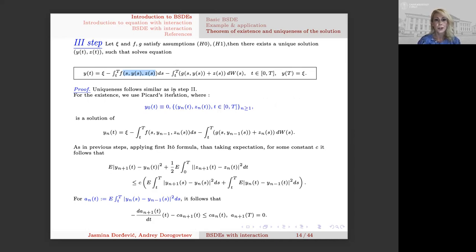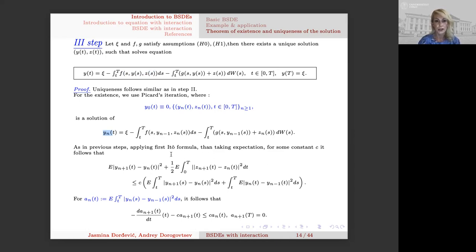But for the existence, the iterations are defined in a different way. So now Y0 is 0 for every t, and Yn is given with this iterating step, where now this is an equation of the form given in step 2. So again, its solution exists. So it is enough to prove that it converges.